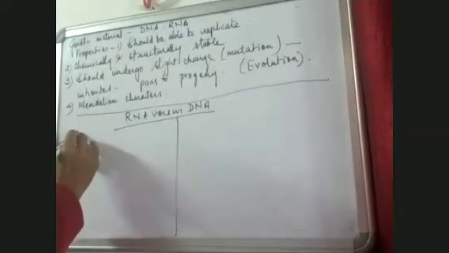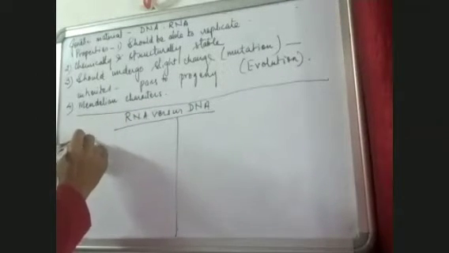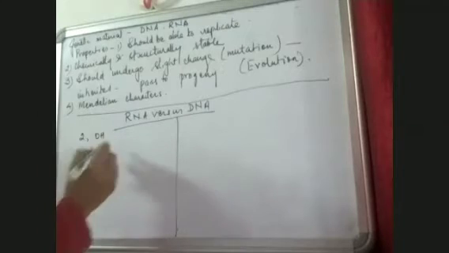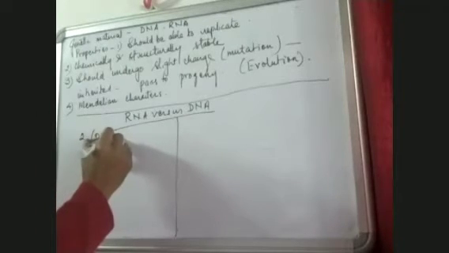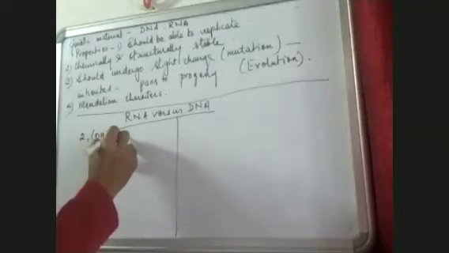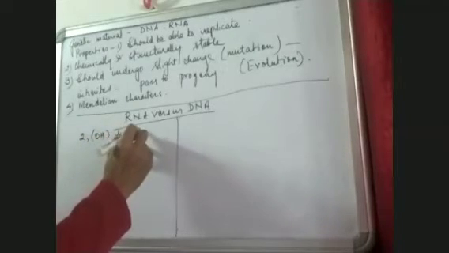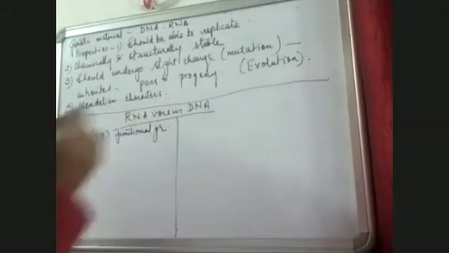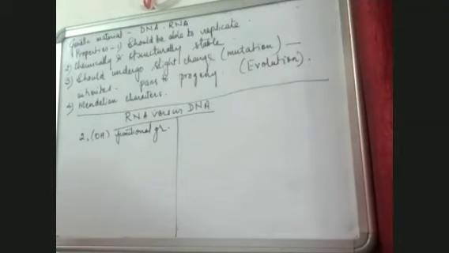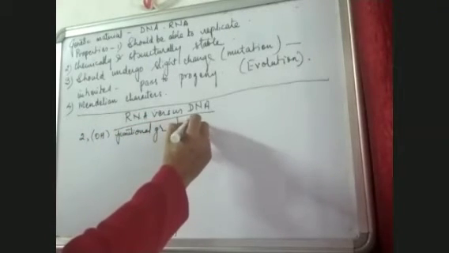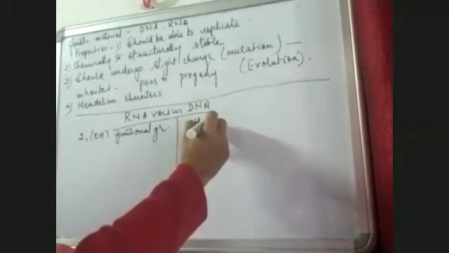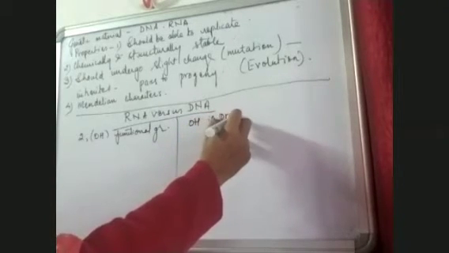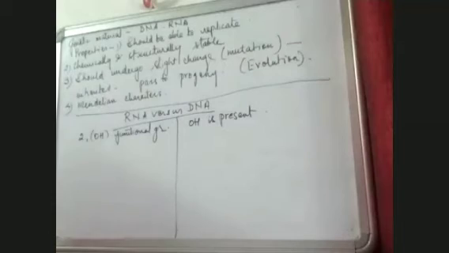In RNA, there are two OH groups, two functional groups present. You know that in ribose sugar, two functional groups are present, and here just one OH is present. The presence of more functional groups makes RNA less stable and more chemically reactive.